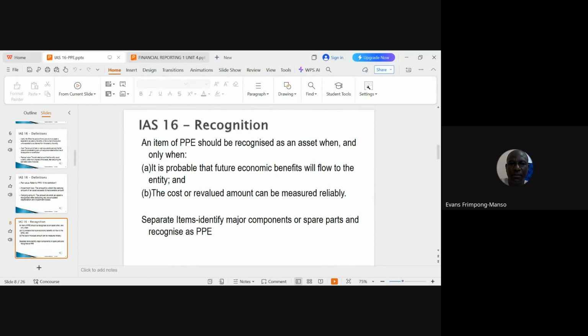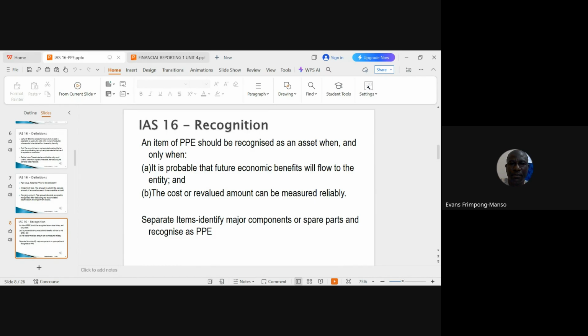Now, how do we recognize property, plant, and equipment on the financial statement? Again, I assume that you understand what I mean by recognition, because since we started financial reporting 1 and looking at the standards, I have mentioned recognition, I have mentioned measurement.